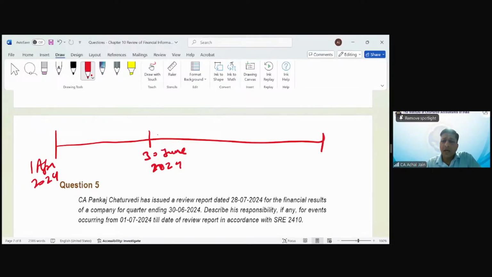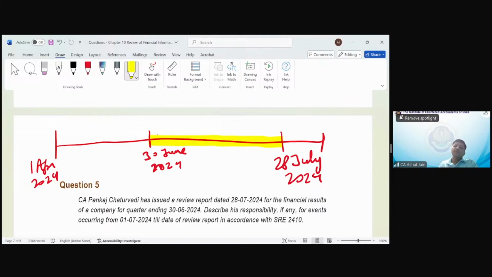Right now, the review report is issued on 28th of July. So the question is that for this period from 1st July till the date the review report is issued, what are the responsibilities of the practitioner auditor who is doing this review? Over to you quickly.